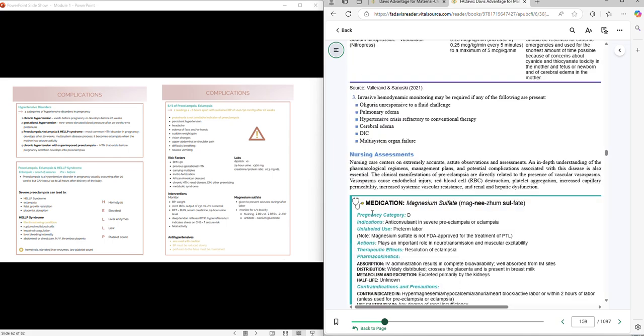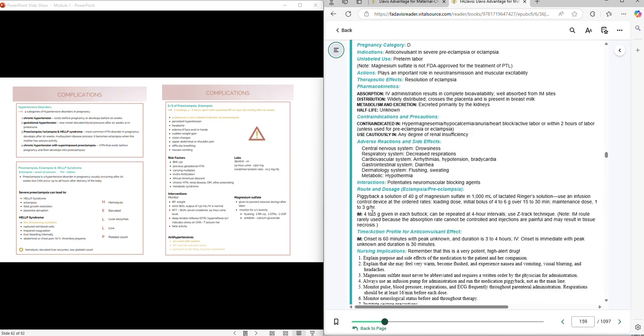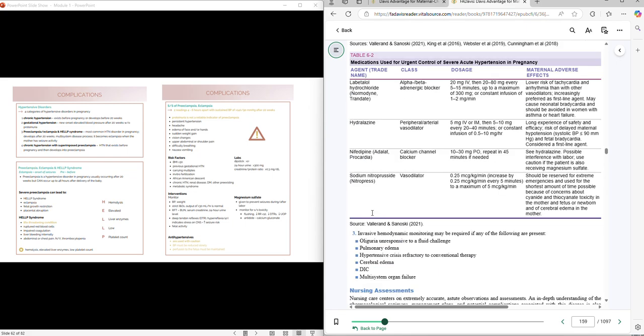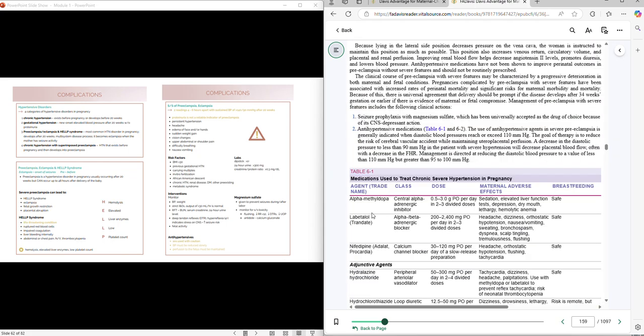So I want you to be familiar with those drugs. Seizure prophylaxis with magnesium sulfate has been our drug of choice, a wink and lollipop, because it acts as a CNS depressant.